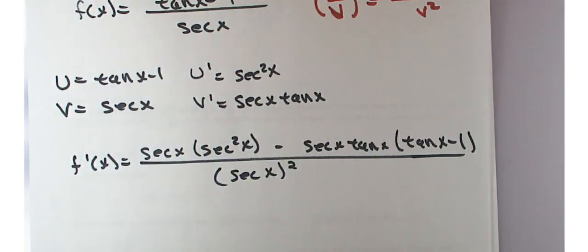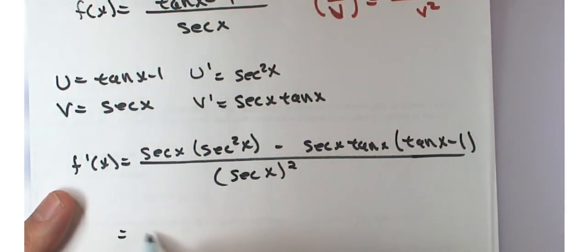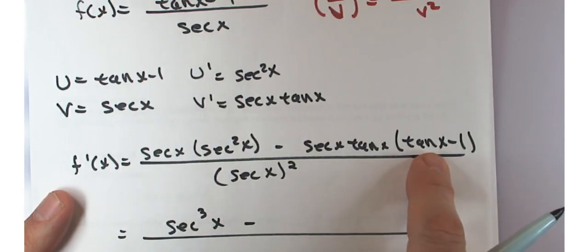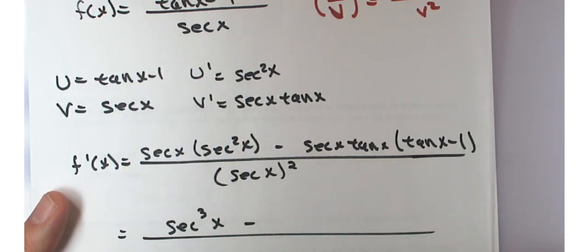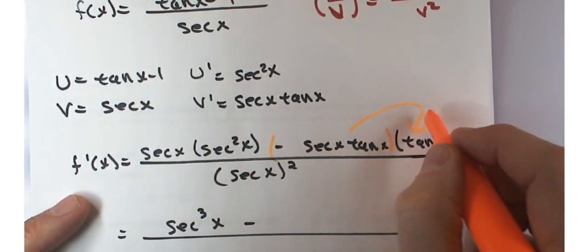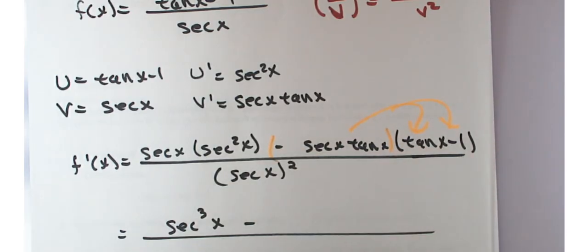Let's see what we can do to clean this up a little bit. First things first, in the numerator, I'm going to write that as secant of x cubed, like that. And then in the denominator, this term has to multiply both of these terms. And I'm going to include that negative with it. So I'll get negative times tangent. It's going to give me negative secant of x times tangent squared of x.